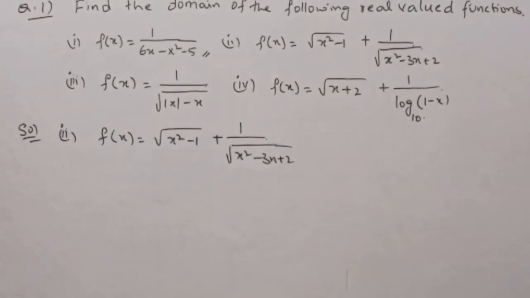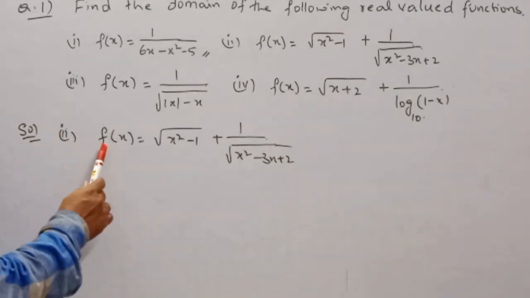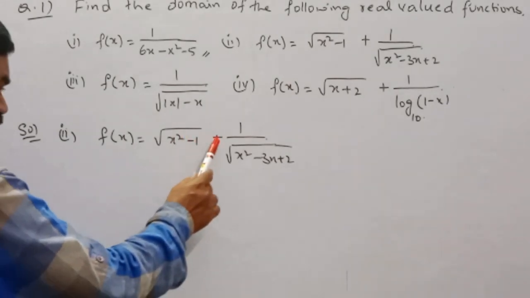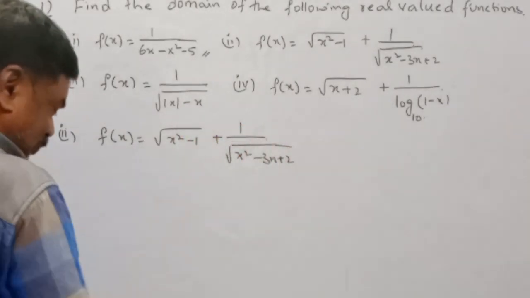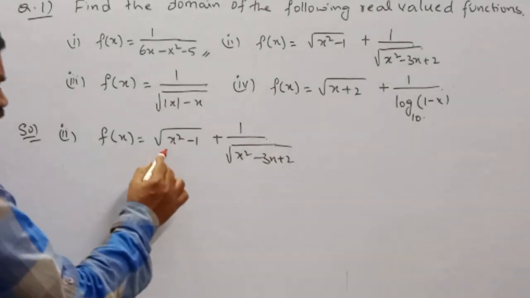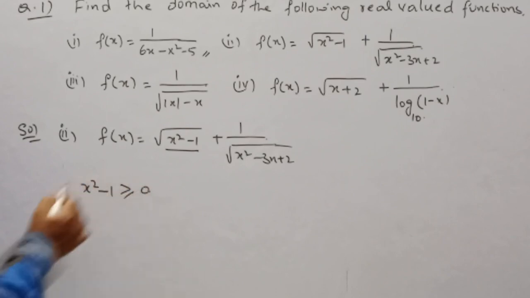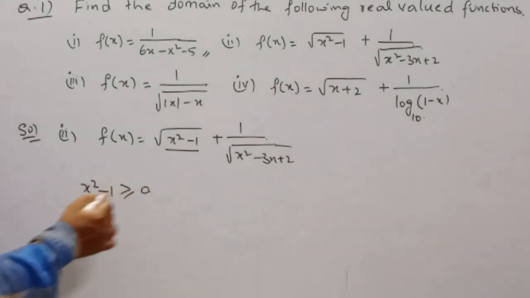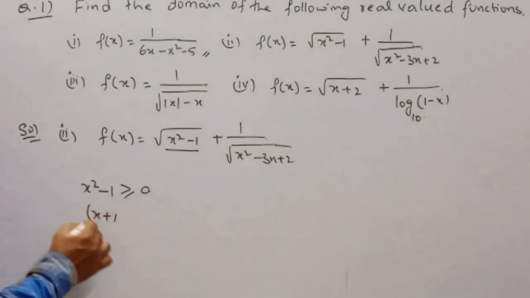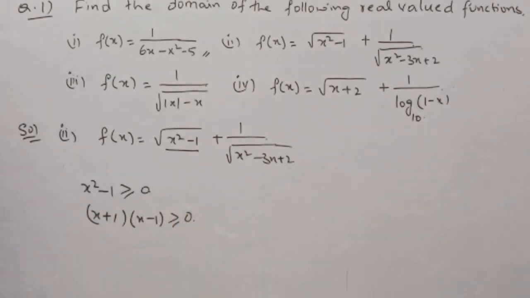Here we have the second one, f of x is equal to root over x square minus 1 plus 1 by root x square minus 3x plus 2. Here you take first this function, x square minus 1 greater than or equal to 0, that is x plus 1 into x minus 1 greater than or equal to 0.